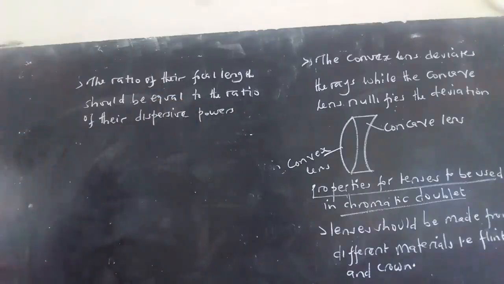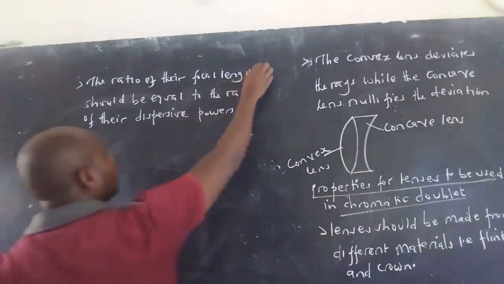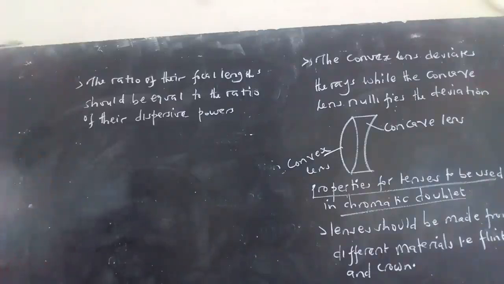You know, power is equal to 1 over F, okay? So when you get the two powers and you divide them, you realize that you get the ratio of power and the ratio of their focal length. So the ratio of their focal length should be equal to the ratio of their dispersive powers.